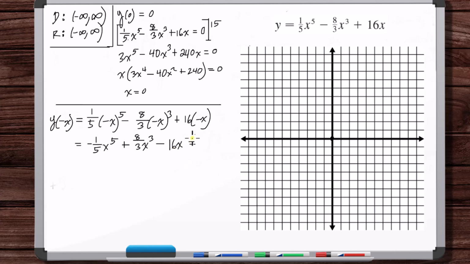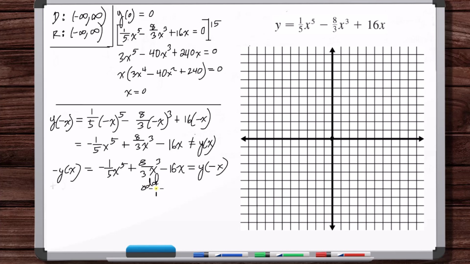This is not equal to y of x. Now let's check for an odd function. So what is y of minus x? Yeah, this is equal to minus y of x. See? So this is an odd function, which means it's going to be symmetric about the origin.